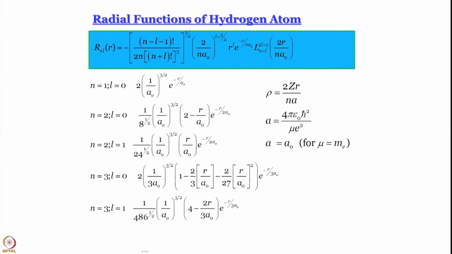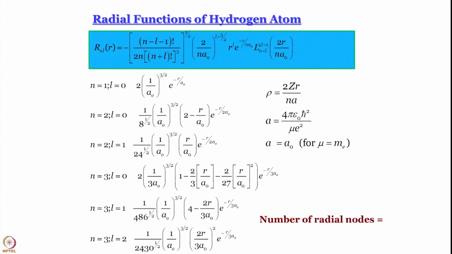Hence, we can go ahead and write down different functions. By looking at it, and I leave you to figure this out, we get something, well, this is absolutely empirical. Just by looking at the functions, we see that the number of radial nodes turns out to be n minus L minus 1.